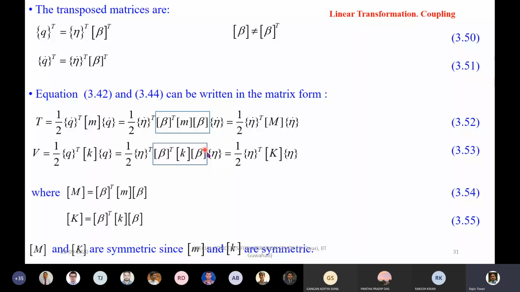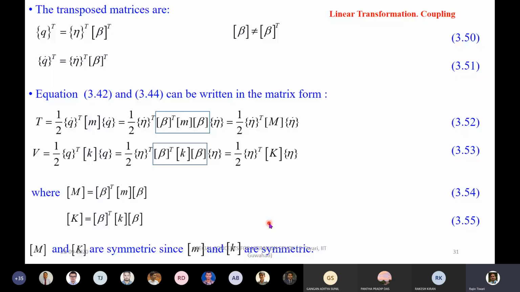So we will get beta transpose k post-multiplied by beta, and that can be defined as capital K. So capital K is related with the small k like this. Small k is the stiffness coefficient for the q generalized coordinate, and capital K is for eta, the new generalized coordinate. And here M and K are symmetric, as we had the small m and k symmetric.